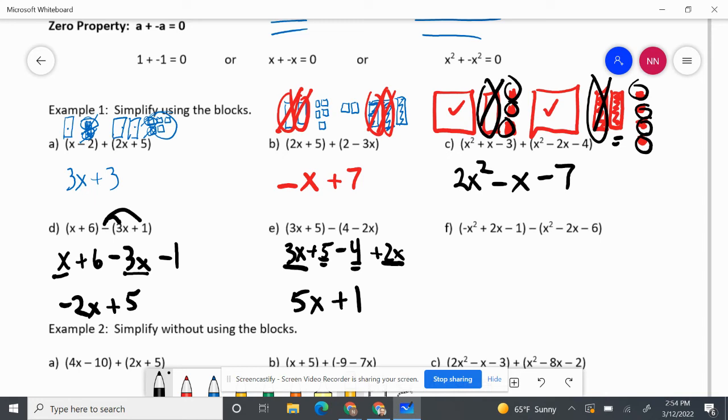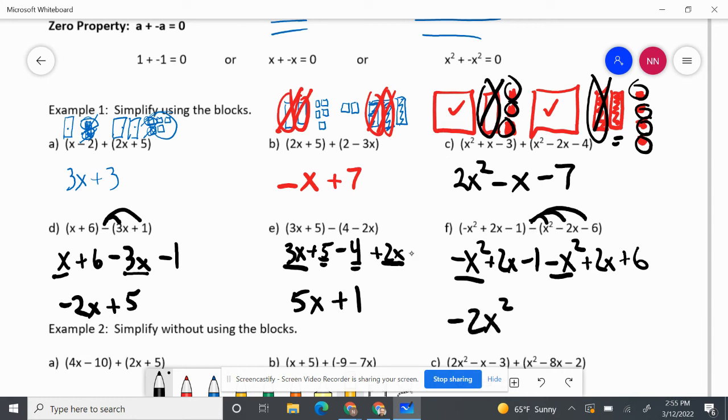And our last one, we have -x squared plus 2x minus 1. I'm distributing the negative to each of the terms. So that gives me -x squared, a positive, because a negative and negative is a positive. And then a negative is a positive. So I have the x squareds. Both of them are negative, so that would be -2x squared.